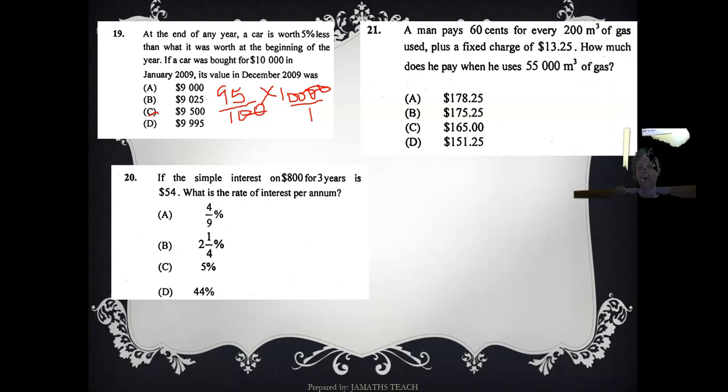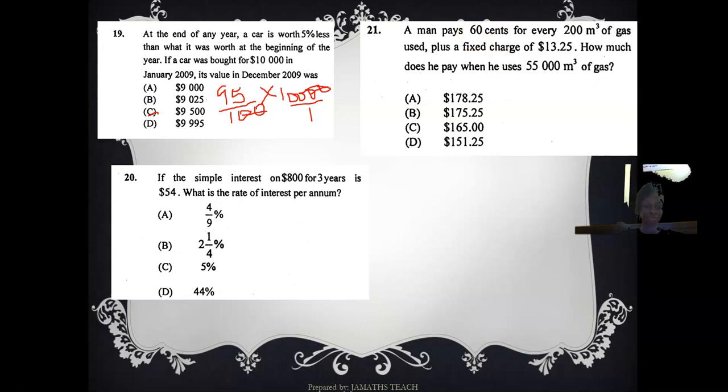Number 21. A man pays 60 cents for every 200 meter cube of gas used, plus a fixed charge of $13.25. How much does he pay when he uses 55,000 meter cube of gas?